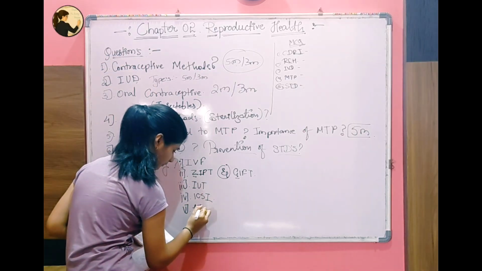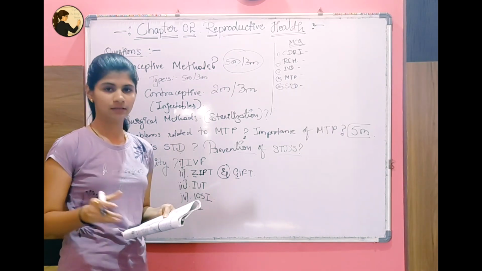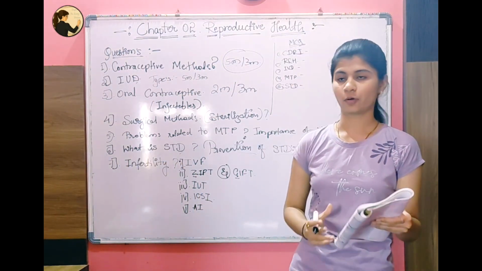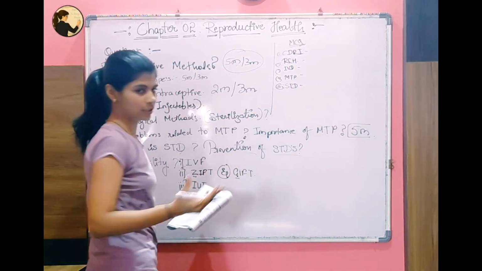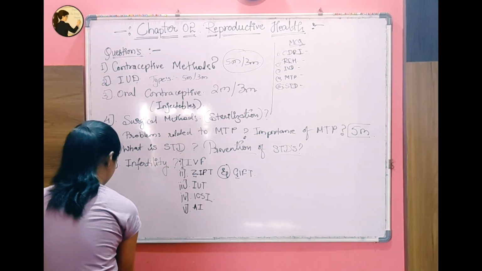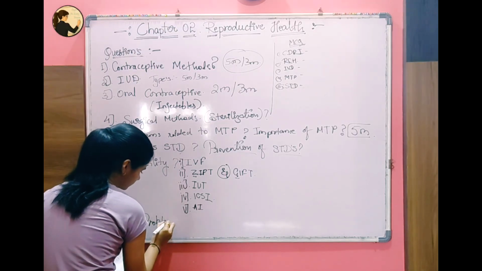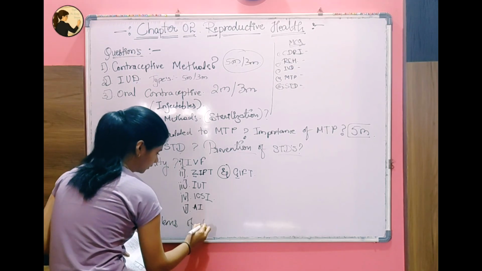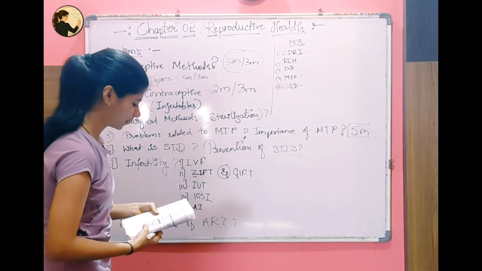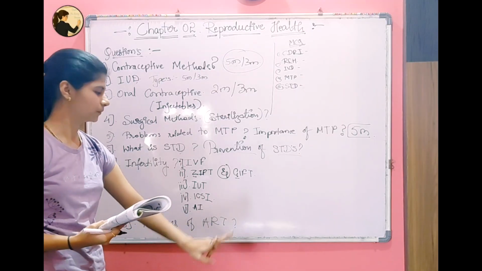Then a question will come for 2 to 3 marks: write the problems of ART. It is also present in your NCERT. ART is also in the form of letters, and you have to convert it into the full form.